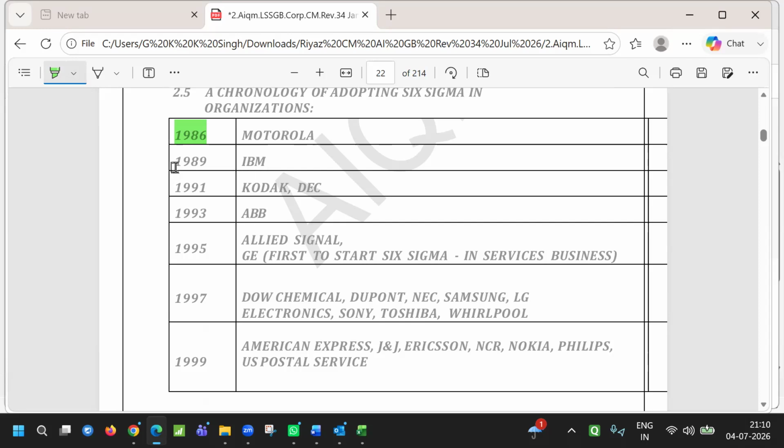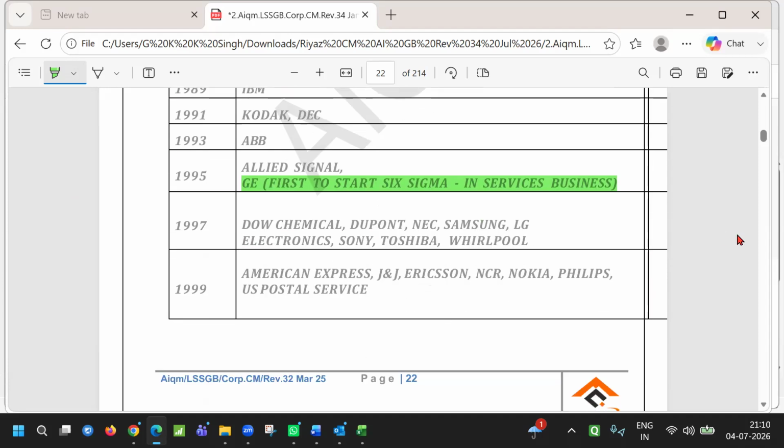So they were followed by IBM in 1990. In 91, Kodak and DEC got into Six Sigma. Then ABB, 93. Allied Signal, GE, I think we all know GE Group. They were the first to start Six Sigma in service businesses. Till that time, it was being done only in manufacturing. And then maybe other companies in manufacturing and services started implementing Six Sigma, as you can see here.